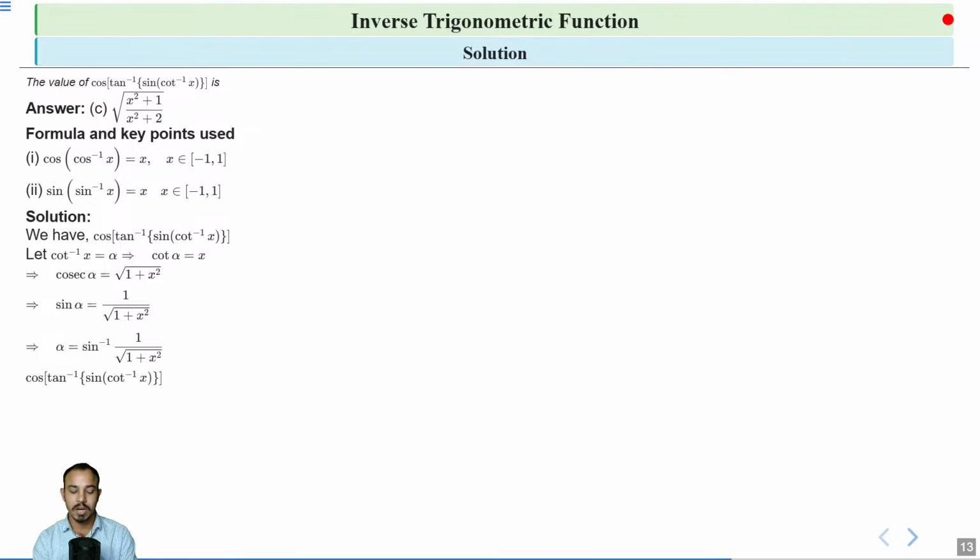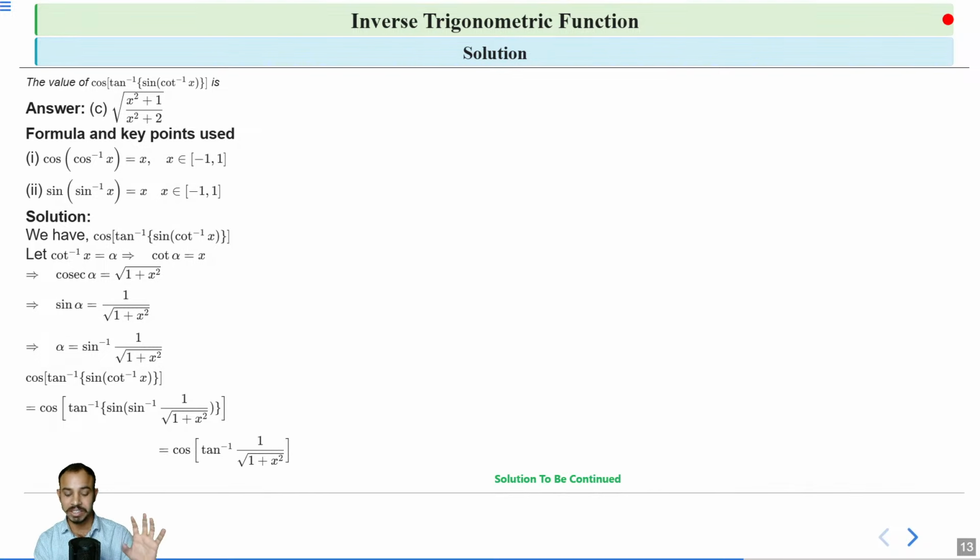Now you can simplify cos of tan inverse of sine of cot inverse x equal to cos of tan inverse of sine inverse of 1 by square root of 1 plus x square. And here 1 by square root of 1 plus x square belongs in closed interval minus 1 comma 1, so simply you can write this is equal to cos of tan inverse of 1 by square root of 1 plus x square. Clear?